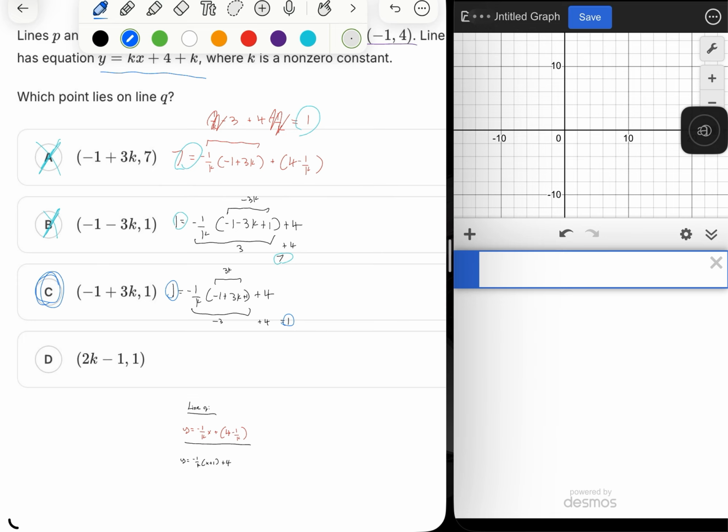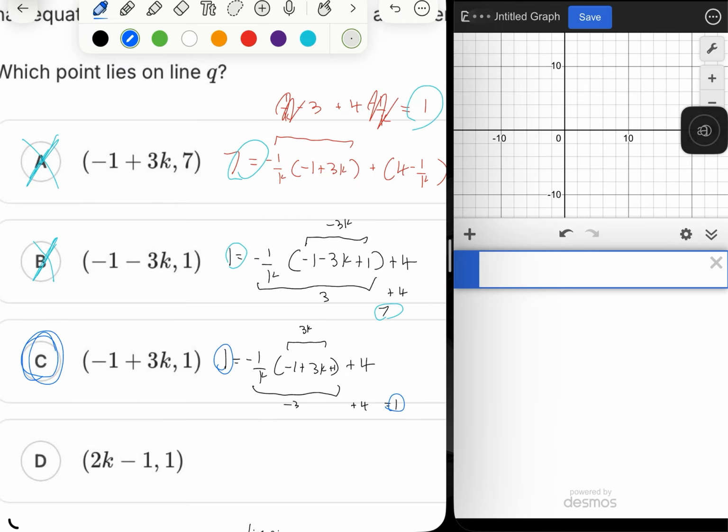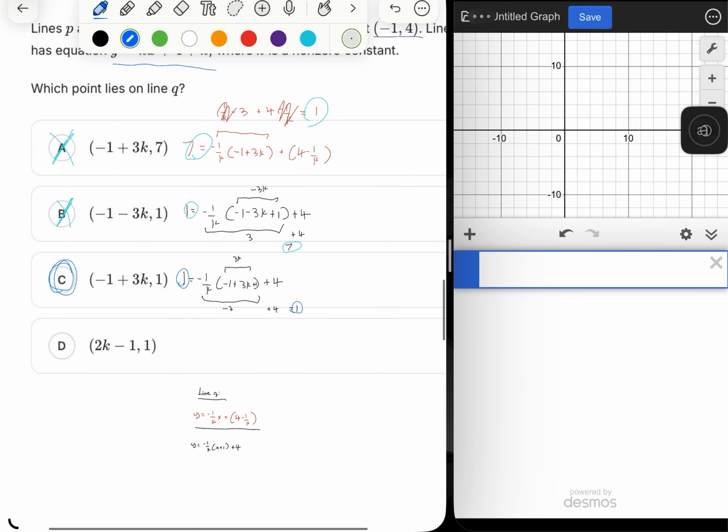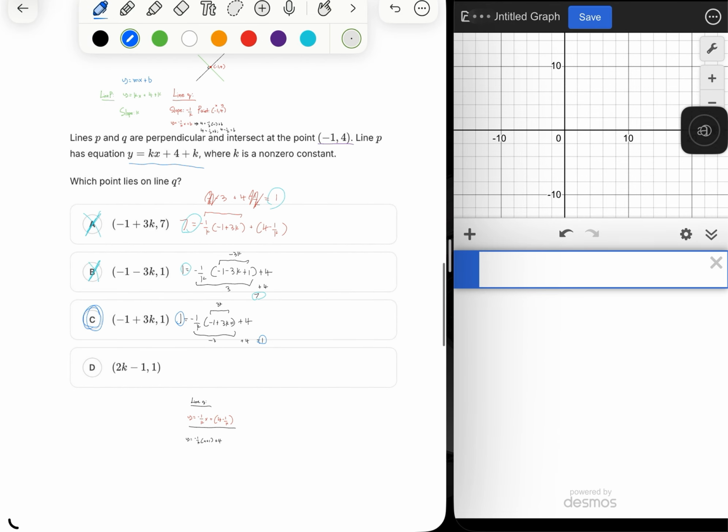Because for a point to lie on a linear equation, or a linear function, the equation has to be true if you plug these points into the equation. So hopefully that makes sense.